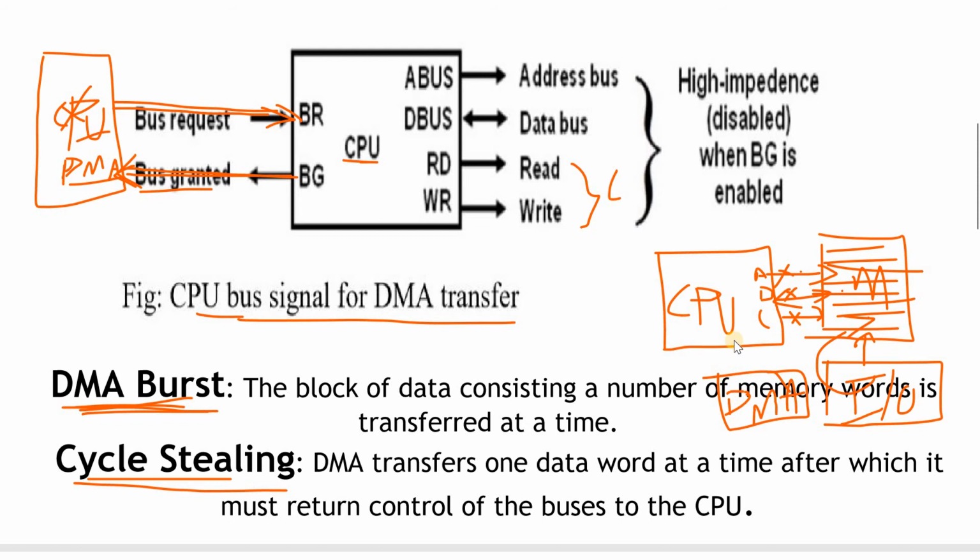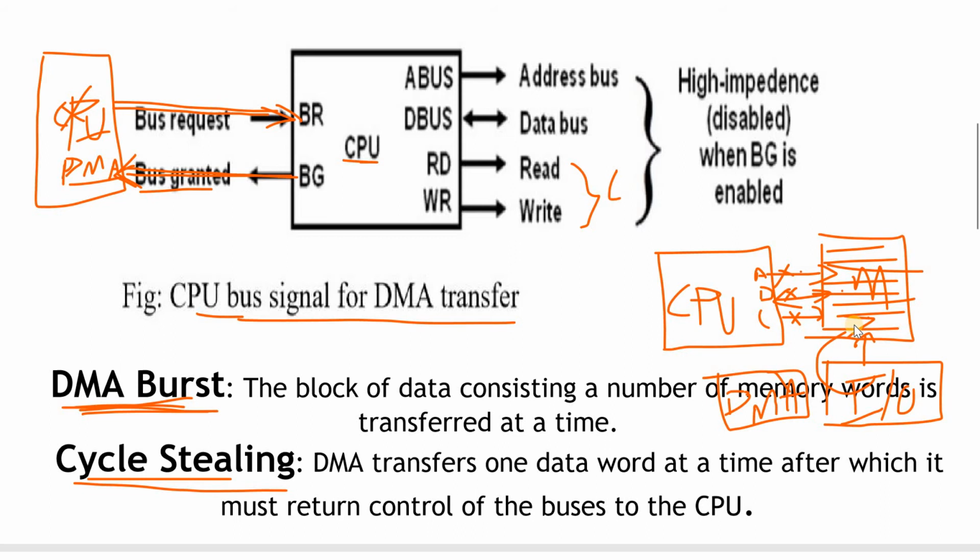At that time the DMA receives some cycles from the CPU, and while it does, the CPU is processing another task. The CPU operation is very slow. Whenever the DMA takes some cycles from the CPU, one byte or one word of information is transferred at a time.